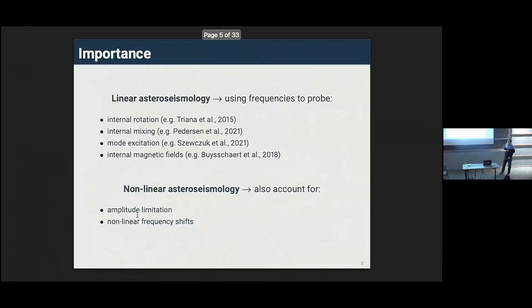So why is it important to talk about these slowly pulsating B stars? Well, I wanted to use this opportunity to talk about what has already been accomplished using linear astroseismology, but Mai already mentioned quite a bit of the results that I wanted to briefly talk about. So this counter-rotating star at Triana et al. is a very interesting result, and it gets me excited at least.